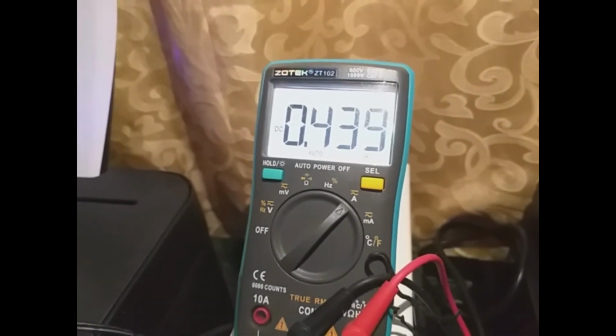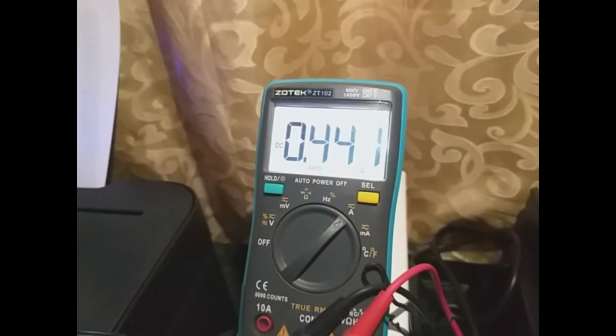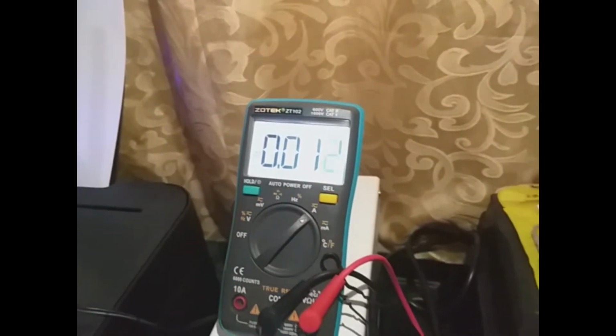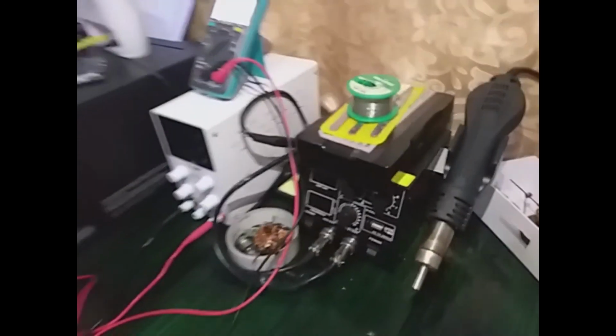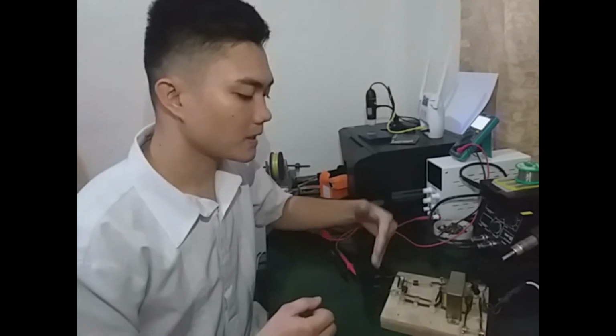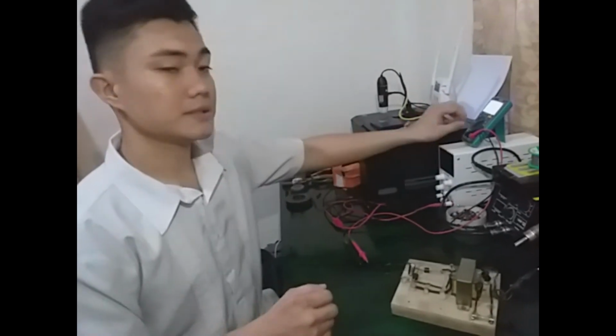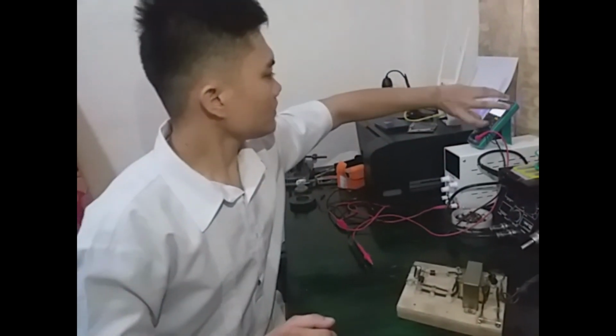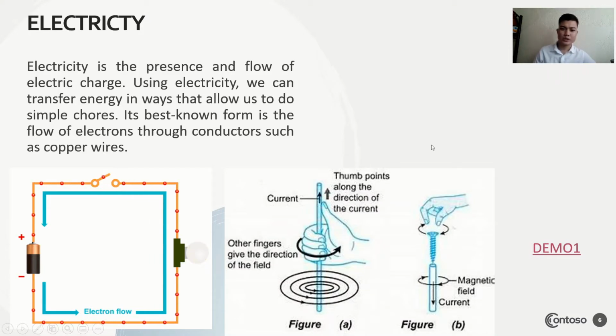So we have 0.44 amperes. So that's how you use a multimeter to test the amount of voltage and the amount of current in the device. I hope that short demonstration helps you to understand electricity.